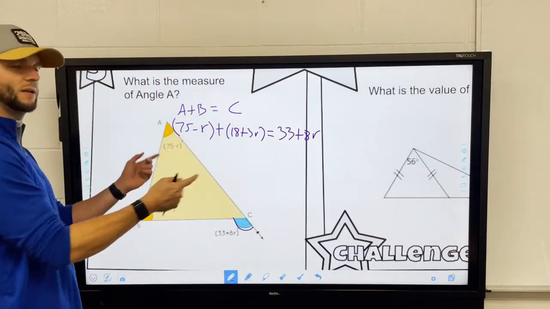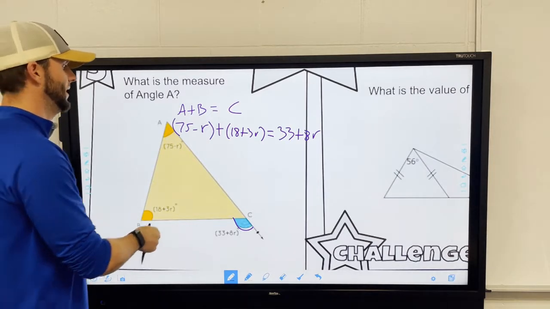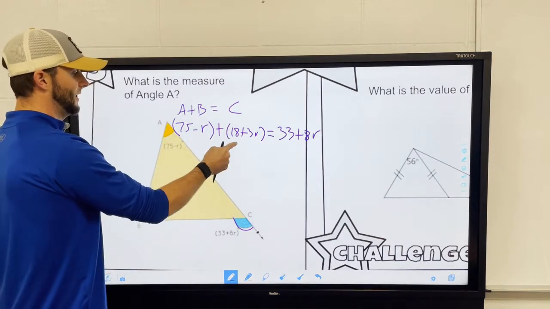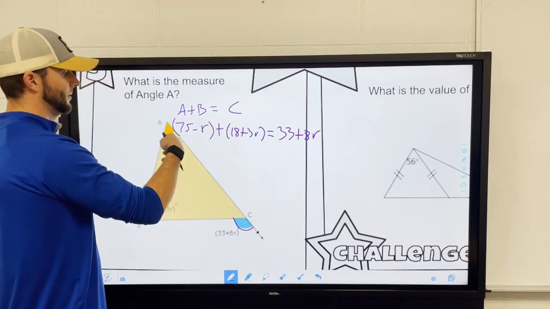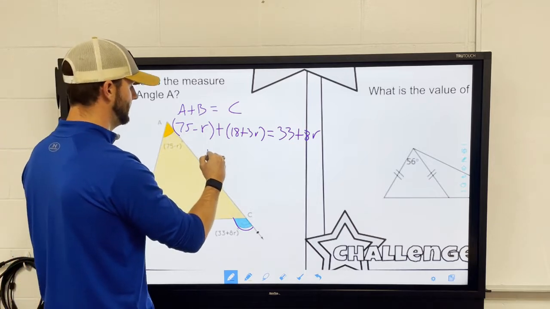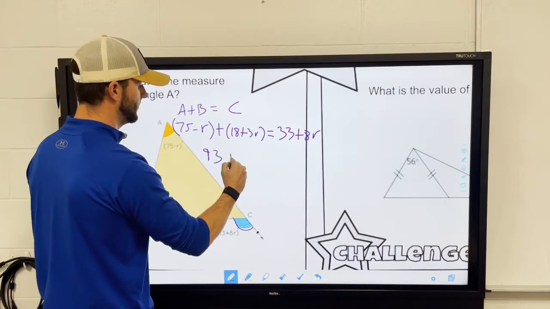So I'm going to combine like terms on each side of my equal sign, and then I'm going to solve for R. So right now 75 and 18, so 70 and 10 would give you 80. 5 and 8 would end up giving you 13, so 13 and 80 is going to end up being 93. Negative R and 3R is going to end up giving you 2R.